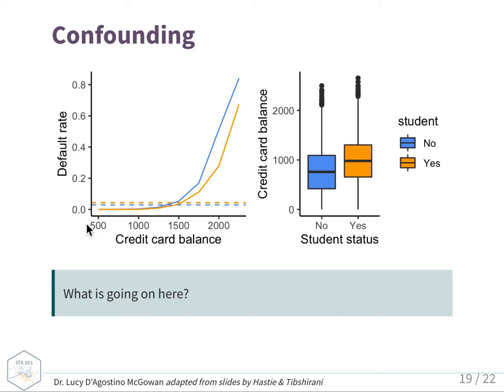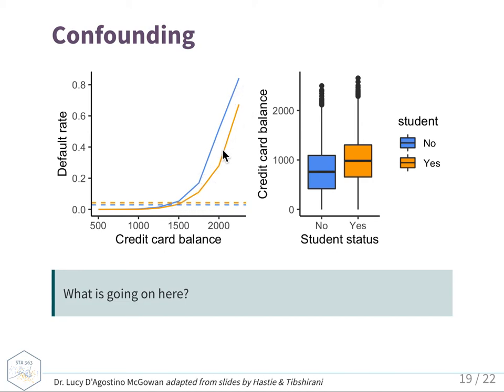But if I plot credit card balance and look at the default rate split, or stratified, by student, with the orange being students equal yes and the blue being students equal no, now I see a very different story. The order of those lines is flipped. Now the orange line is always below the blue line.